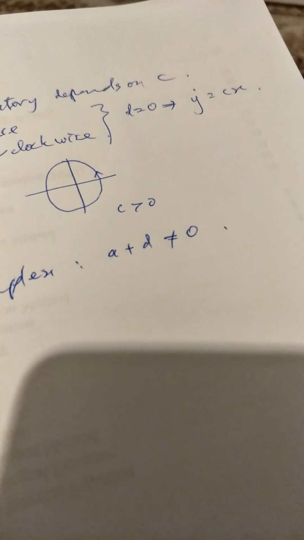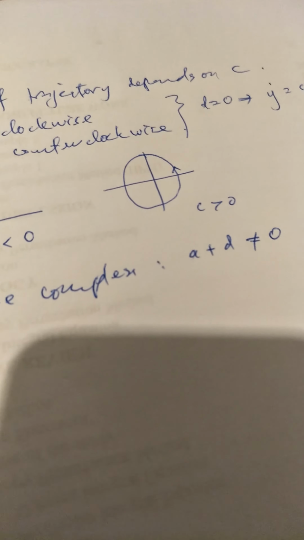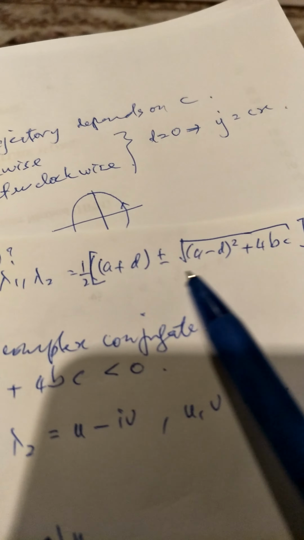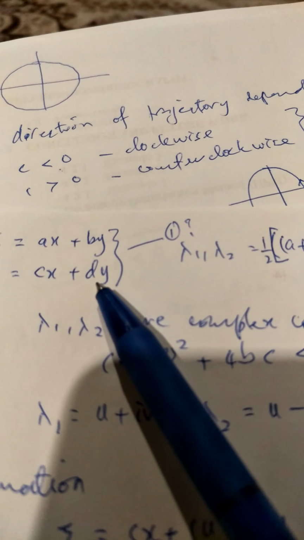Now I go to the second case, where lambda 1 and lambda 2 are complex. In this case, a plus d is different than 0. If you look at the roots that I've written earlier, lambda 1 and lambda 2 are given by that for this system.